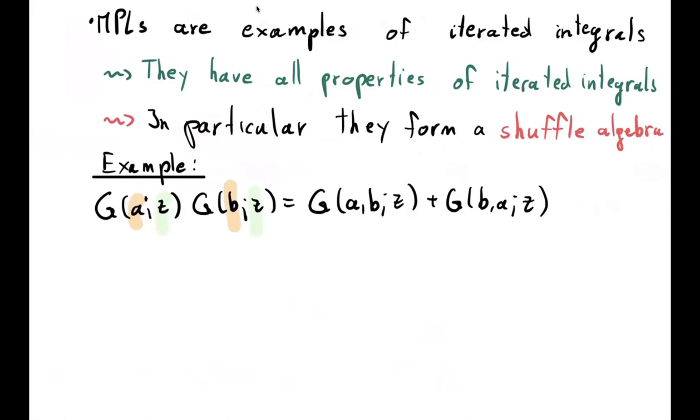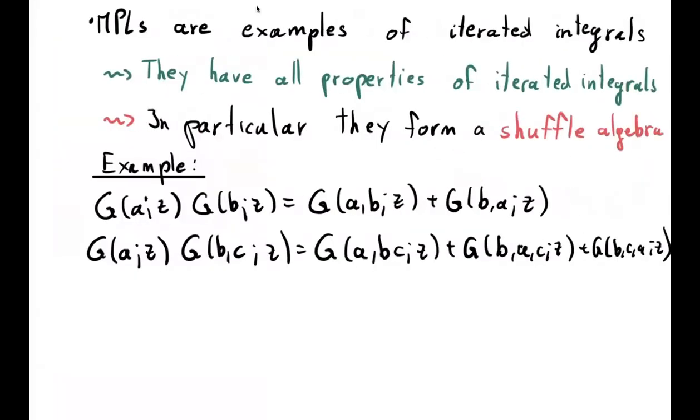Namely, you get A, B plus B, A. So A times B is AB plus BA.